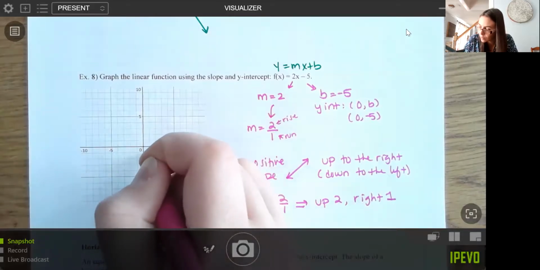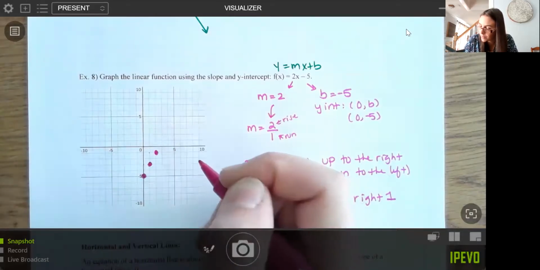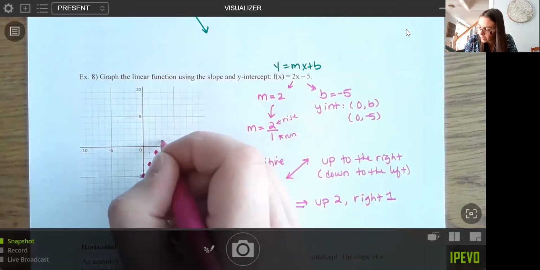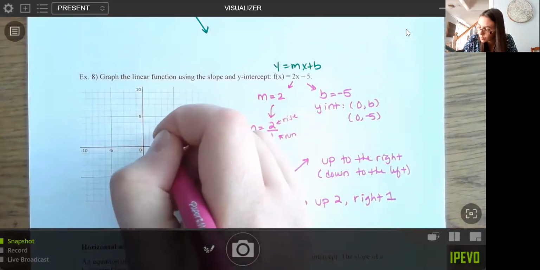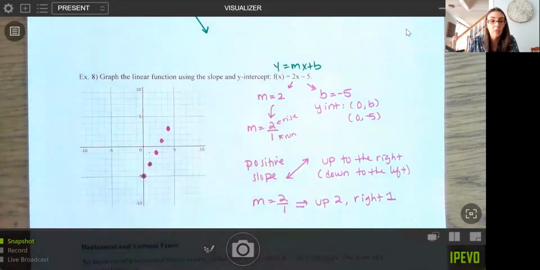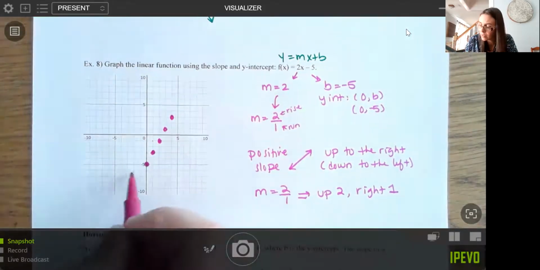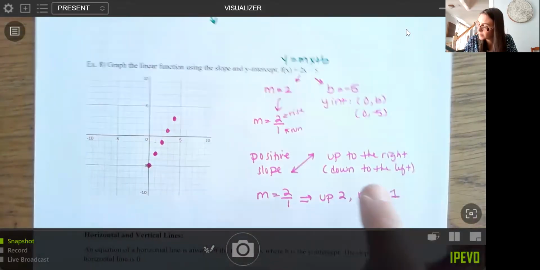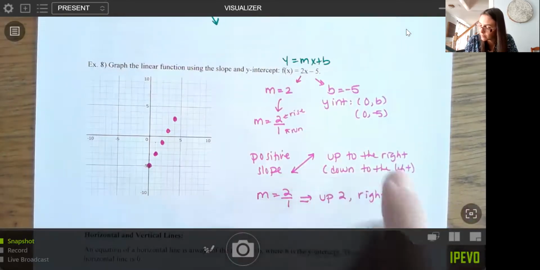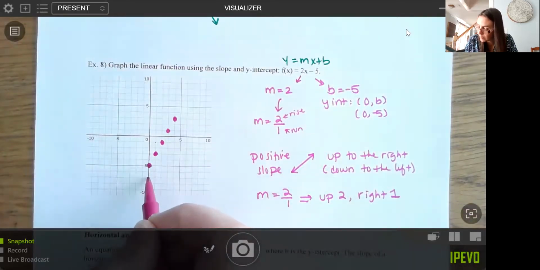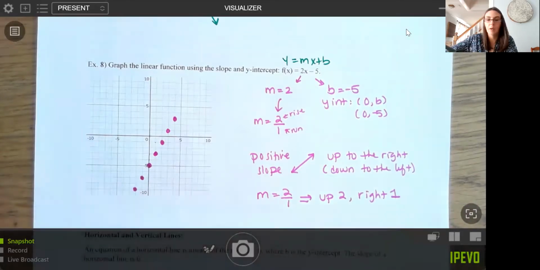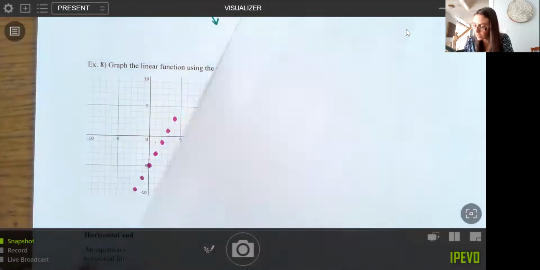Again, up 2, right 1, and I can continue on. If I want some points on this side, just work backwards. Instead of going up to the right, you do the opposite, down to the left. So down 2, left 1, down 2, left 1, and you'll see that you have lots of nice points here that I can use to plot.